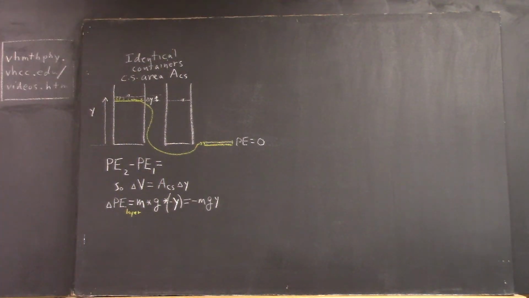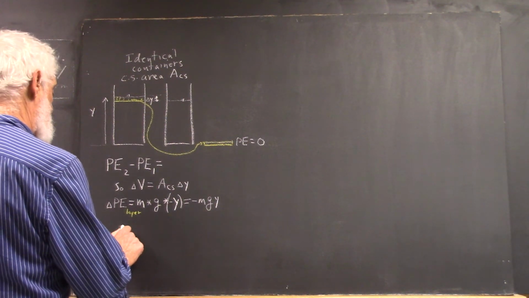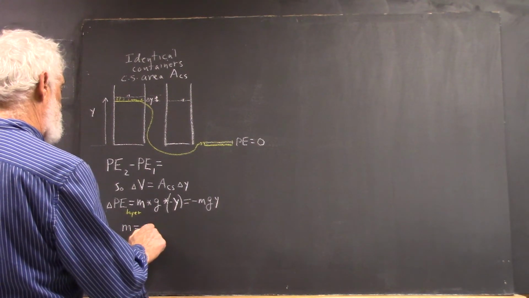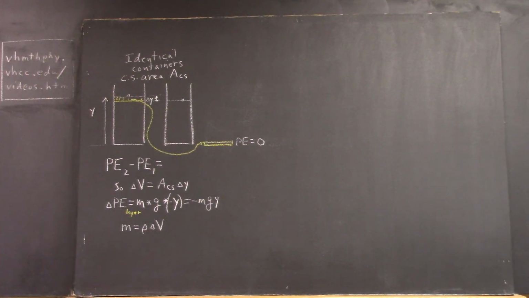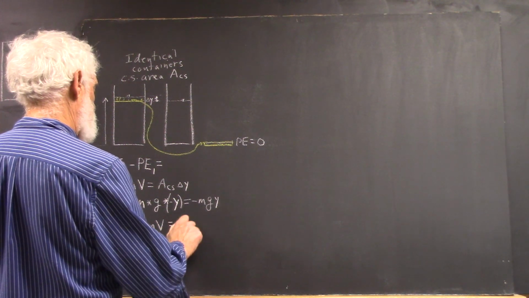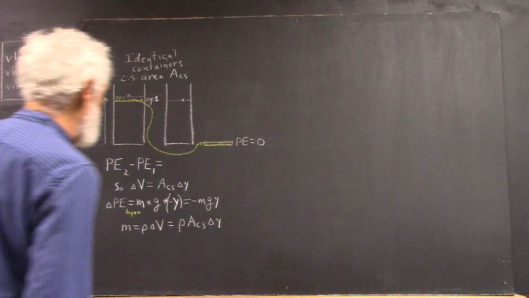The mass is rho times your delta V, because density is mass over volume. Which is then rho times your cross-sectional area times your delta Y.